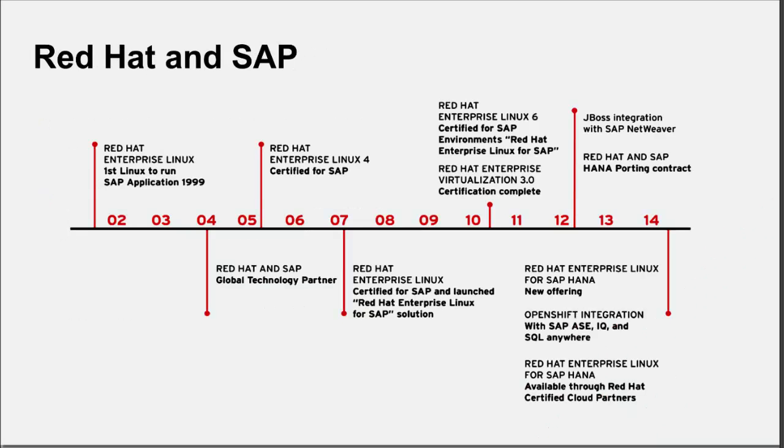Looking at the relationship between Red Hat and SAP. SAP and Red Hat came in touch early, in 1999. Red Hat Enterprise Linux was the first Linux on which SAP ran their applications. Over time, we became a global technology partner, we got our operating system certified for SAP software, and today SAP's clear focus is to develop on Linux and run the workload on Linux.